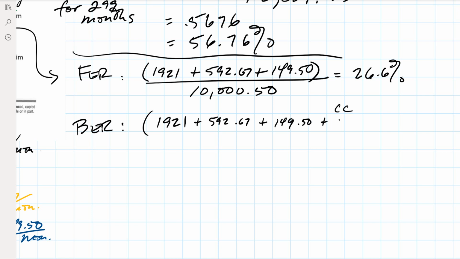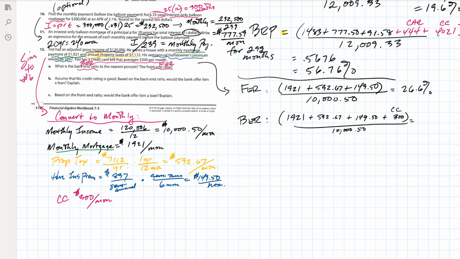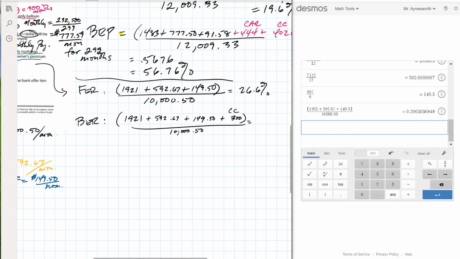So credit card was $300. You still divide it by the gross monthly income. And this is going to be a different percentage here because we added in $300. You have to add in your credit card bills and other expenses for the back end ratio. Notice it's going to increase. Watch what happens here.